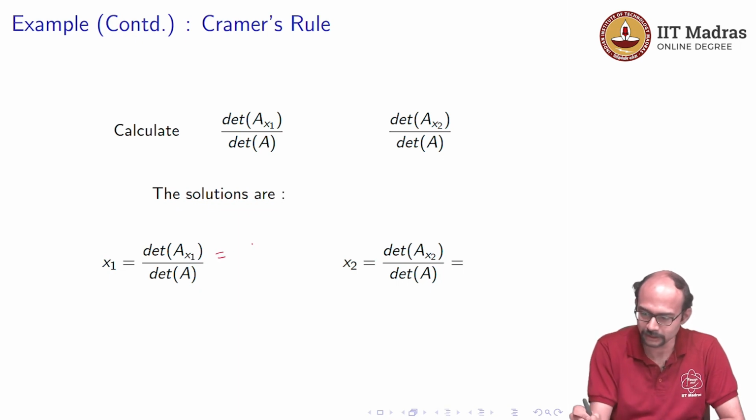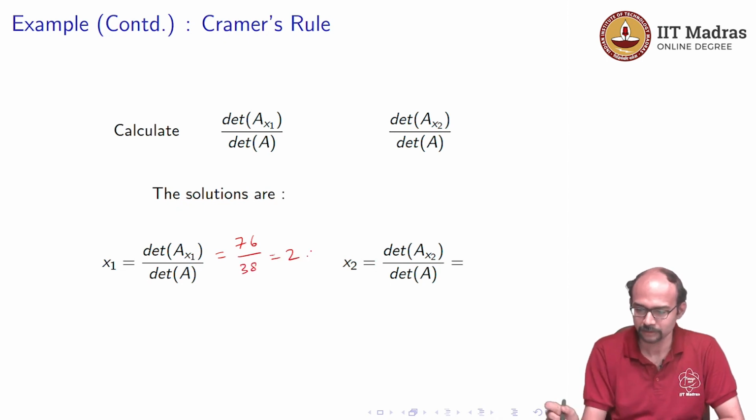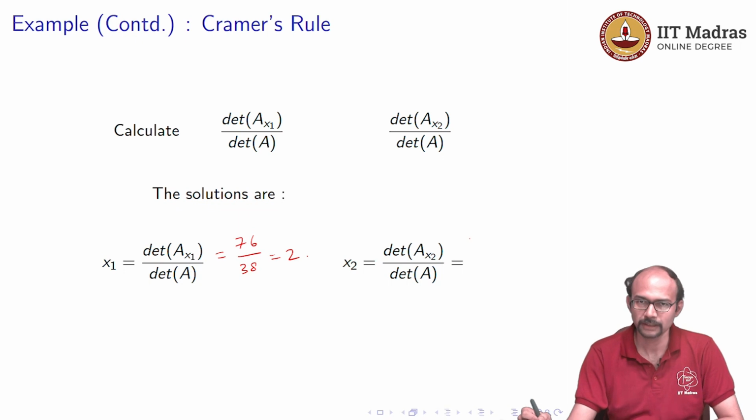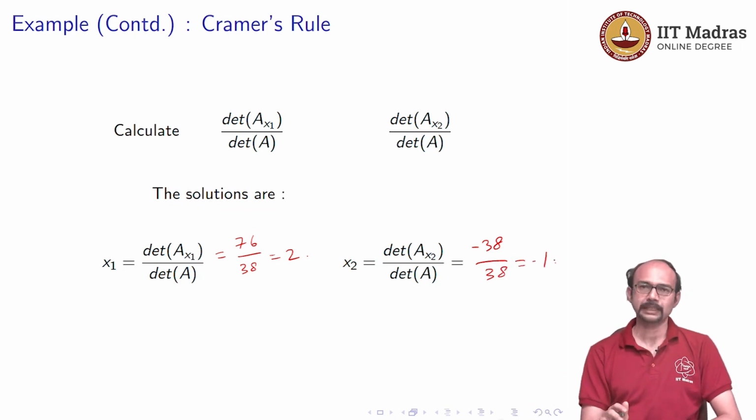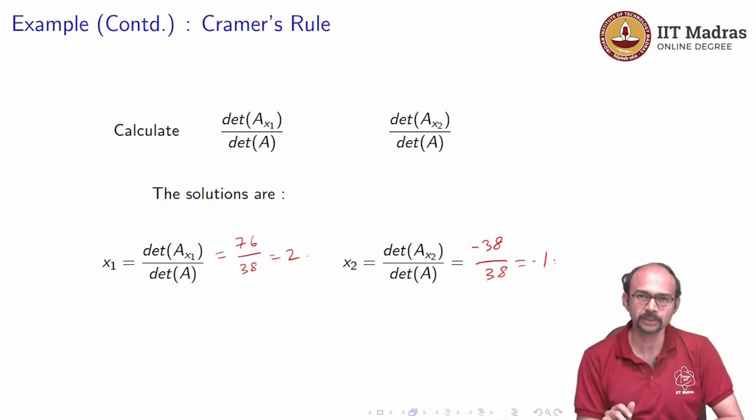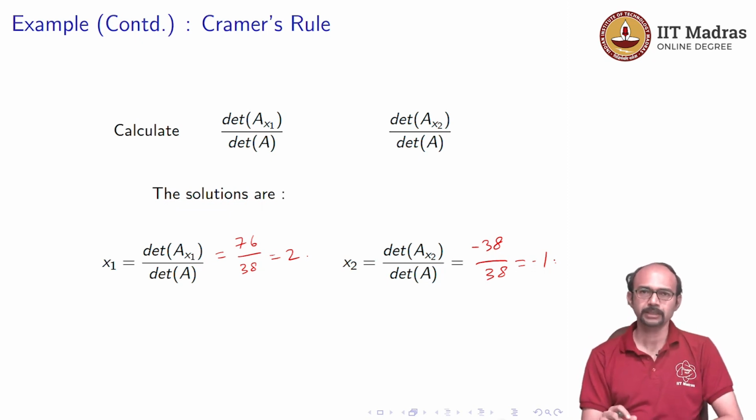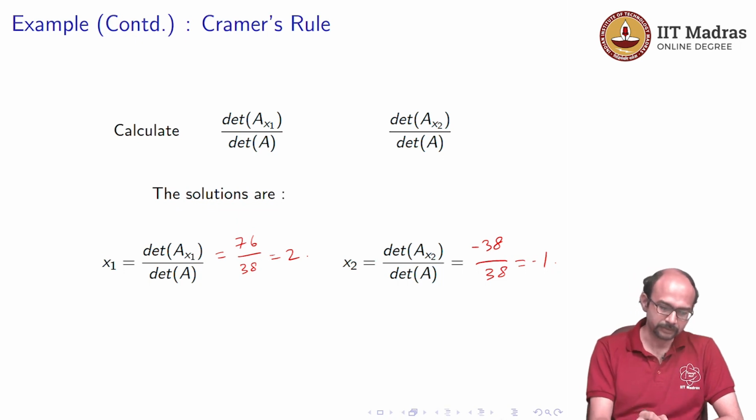So, x1 is 2, remember that is what we got in the first slide, and x2 is minus 1, which is exactly what this is. Okay. So, at least in this example we have this strange method using determinants, and it gives us the solutions that we should have got.